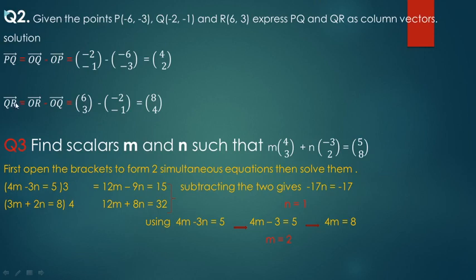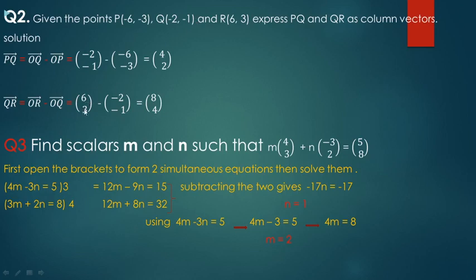QR: to find QR, it is the position vector of R minus the position vector of Q. We know R is (6, 3), minus the position vector of Q, which is (-2, -1).